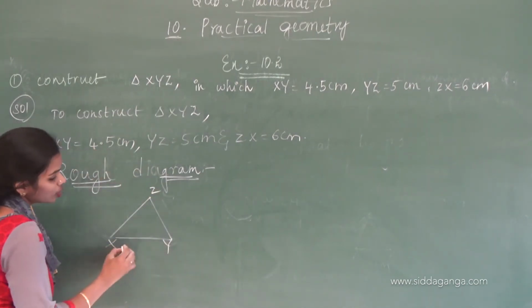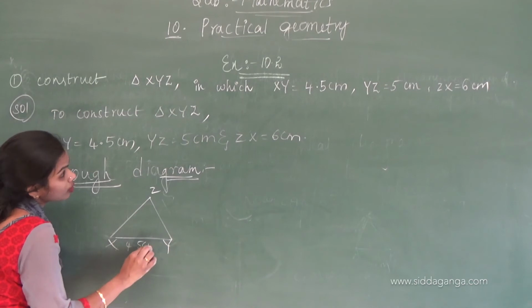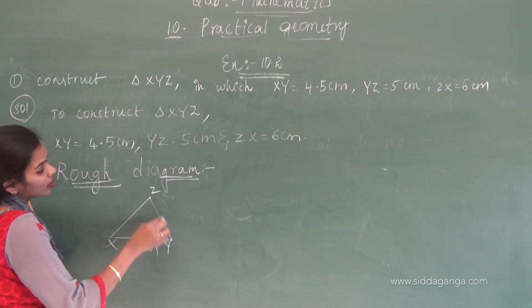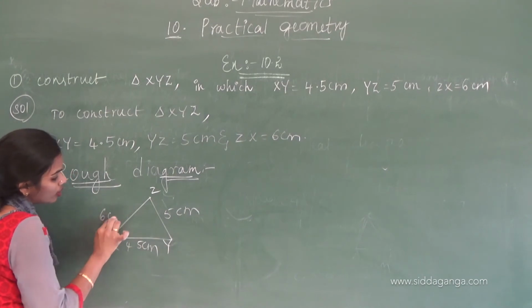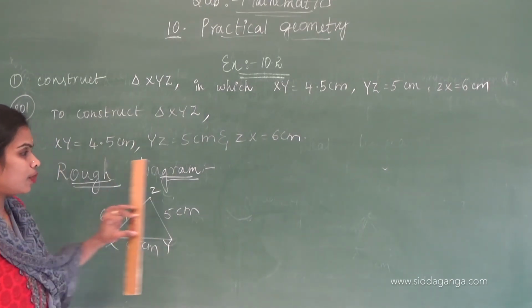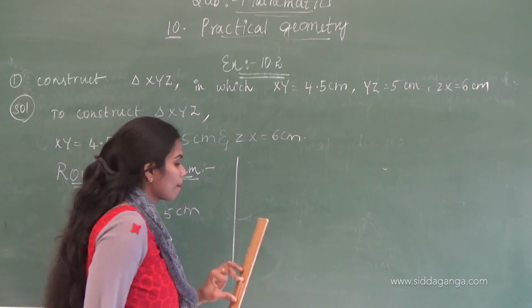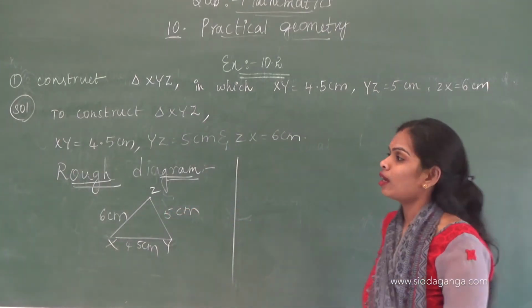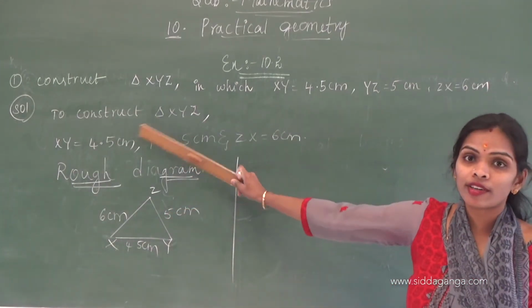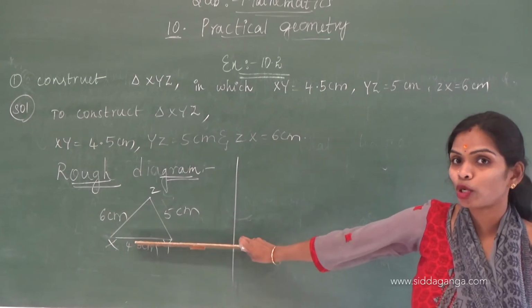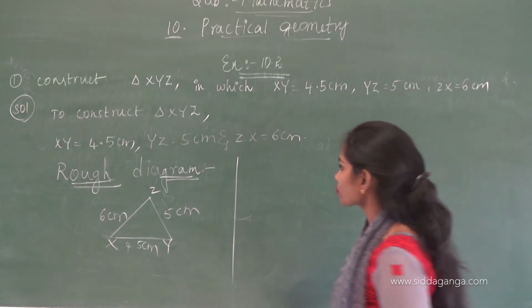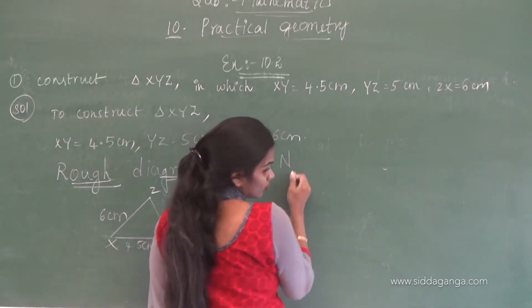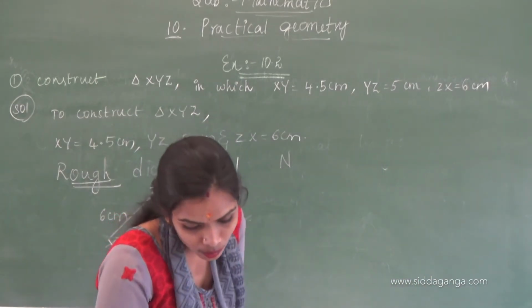XY value is 4.5 centimeters, ZY value is 5 centimeters, ZX value is 6 centimeters. The first step we have completed, second step also we have completed. Now I am going to the neat diagram.